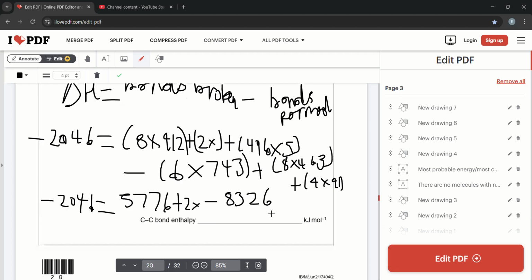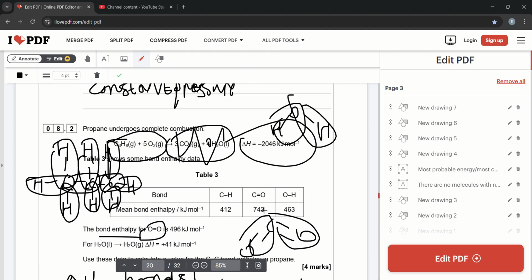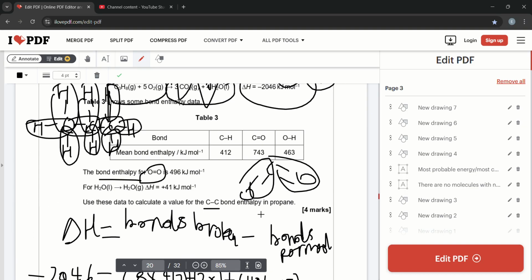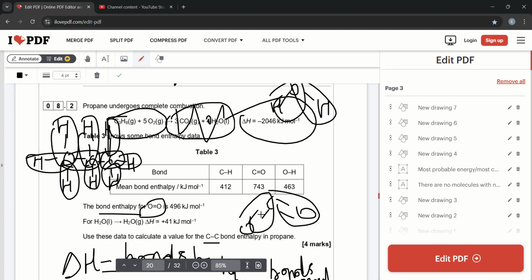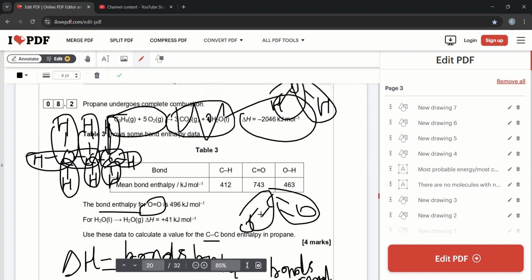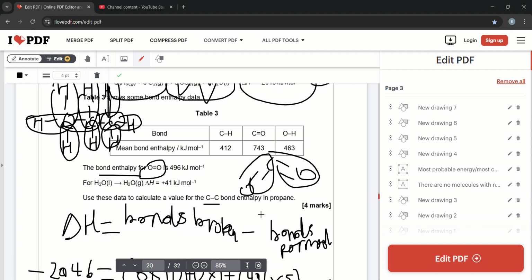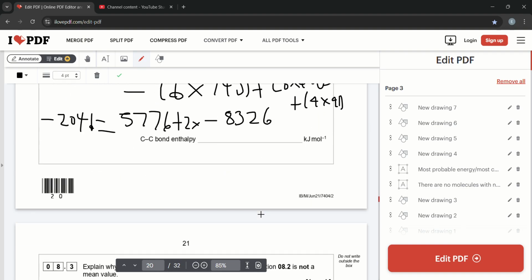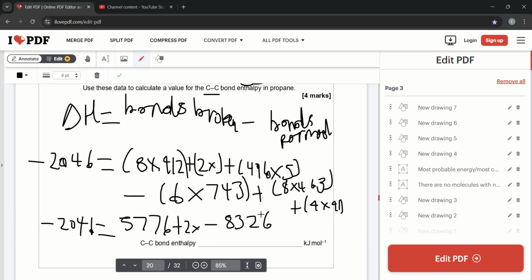So we should get this 5776, and then the 6 times 743 plus 8 times 463 plus 4 times 41.